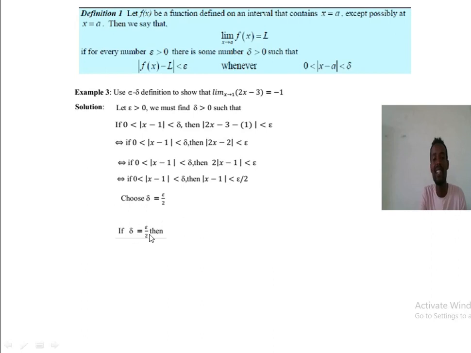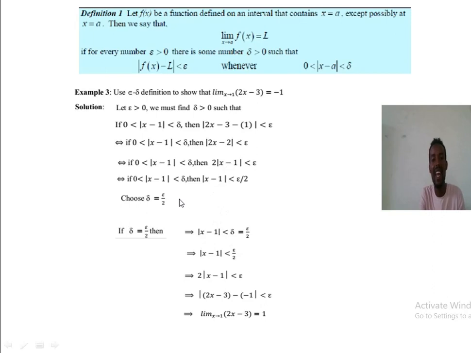Now, if delta equals epsilon over 2, then substituting epsilon over 2 in place of delta, we have that absolute value of x minus 1 is less than delta, which is epsilon over 2. That means absolute value of x minus 1 is less than epsilon over 2. Multiply both sides by 2, then 2 times absolute value of x minus 1 is less than epsilon.